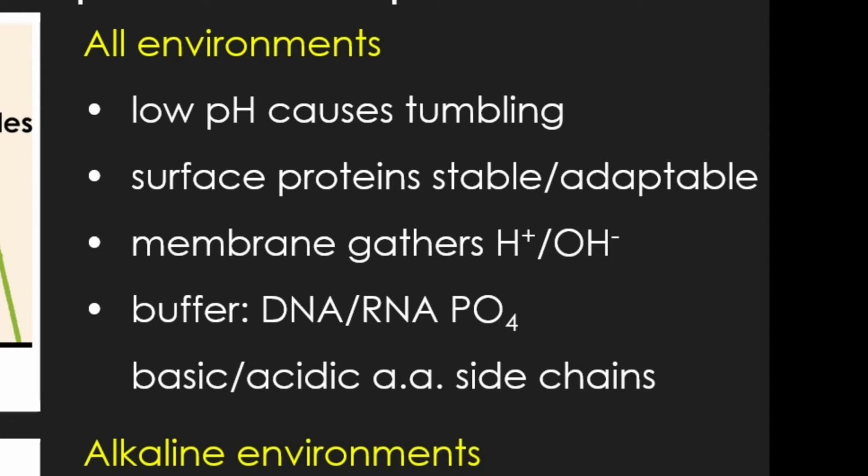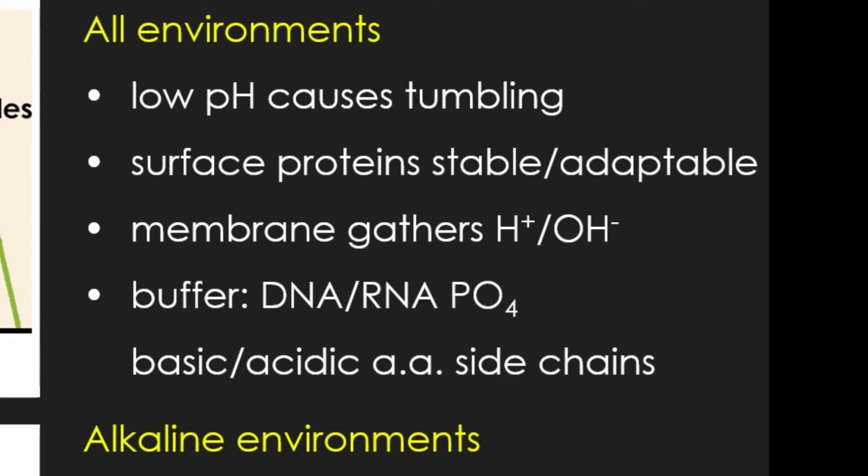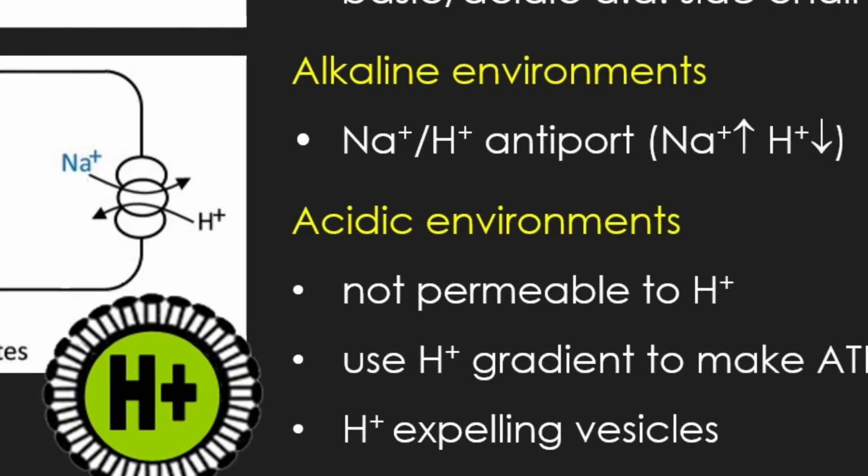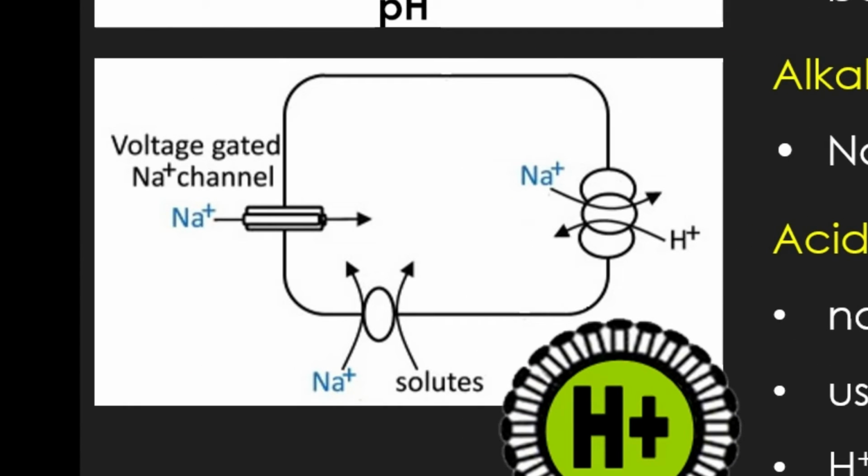So they're incredibly adaptable and able to withstand changes in pH, much more so than human cells or animal cells. And that allows them to inhabit these environments that change very, very quickly and routinely and adapt to those changes. Now, when you talk about cells who live in an alkaline environment, those that are alkalinophiles, they typically also live in salt-rich environments, and they utilize sodium and proton antiporters.